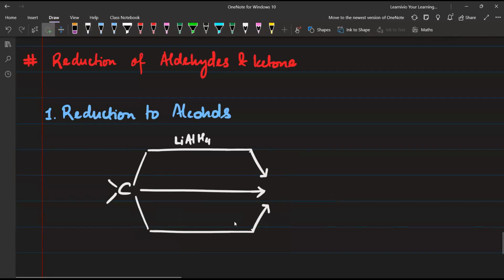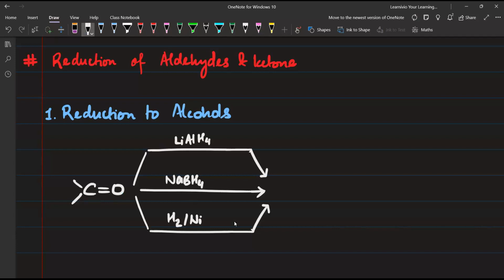Oh, we haven't made this carbonyl compound completely, wait a moment please. If I have C double bond O like this, and there are some groups attached here, lithium aluminum hydride, or if I have sodium borohydride NaBH4, or if I have H2 in the presence of nickel, then I will always get this carbon atom, the two groups, whatever it was having, it will have those groups, and this will get a hydrogen. The oxygen will also get a hydrogen, and hence we are going to get an alcohol. The number of carbon atoms remains same.